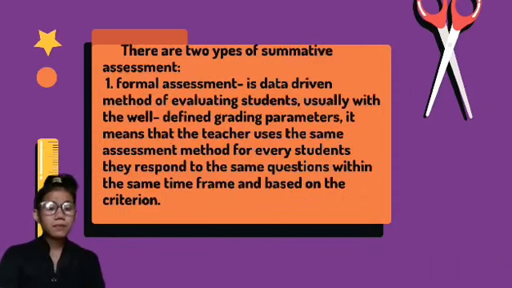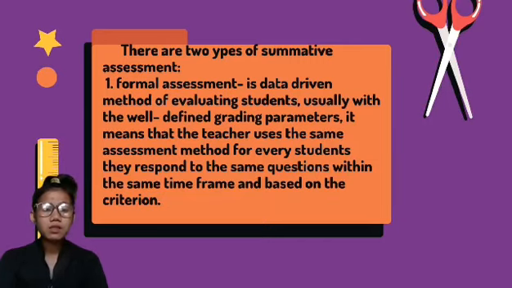In summative test, there are two types of summative assessment. The first is formal assessment or formal test. It means a data-driven method of evaluating students, usually with well-defined grading parameters. It means that the teacher uses the same assessment method for every student.